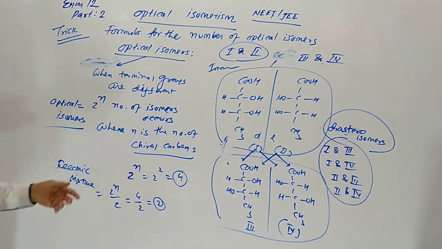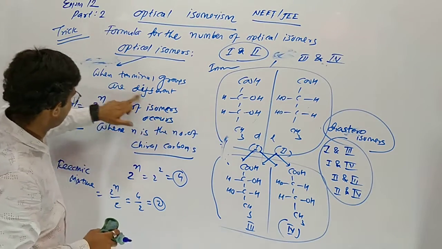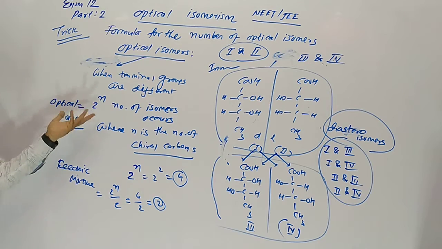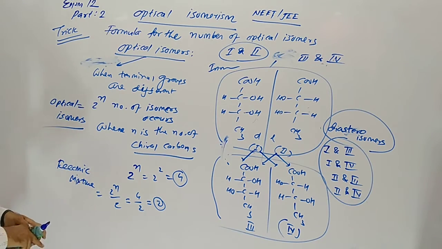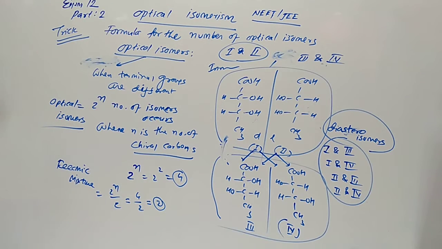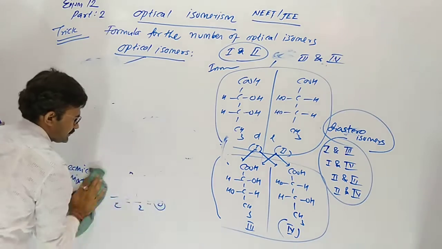In this case, the formula will change. Whenever terminals are different, then we can apply this. If the number of carbons is 3, then 2 raised to 3 is equal to 8. But when terminals are different, this trick is applicable.